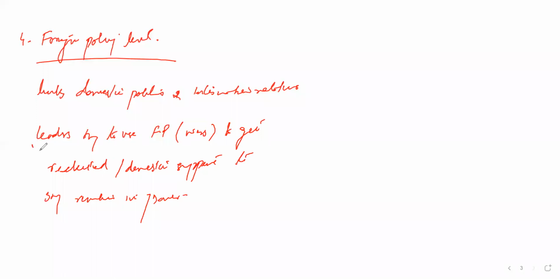If not a leader, then a political party. See? So this is the fourth one.